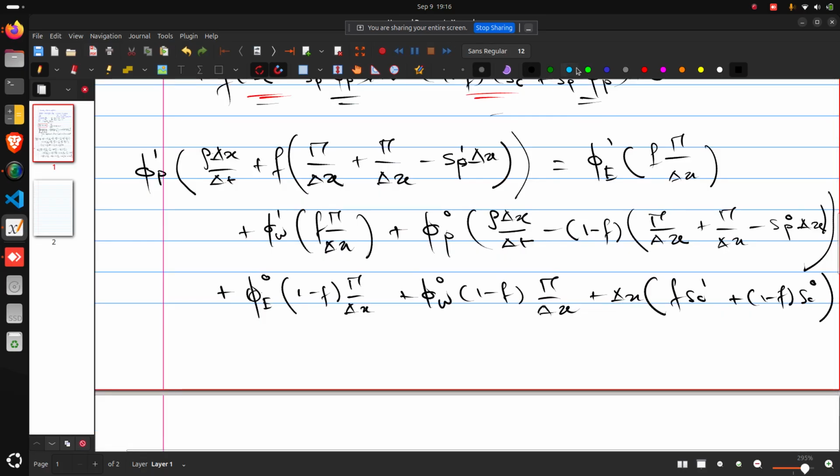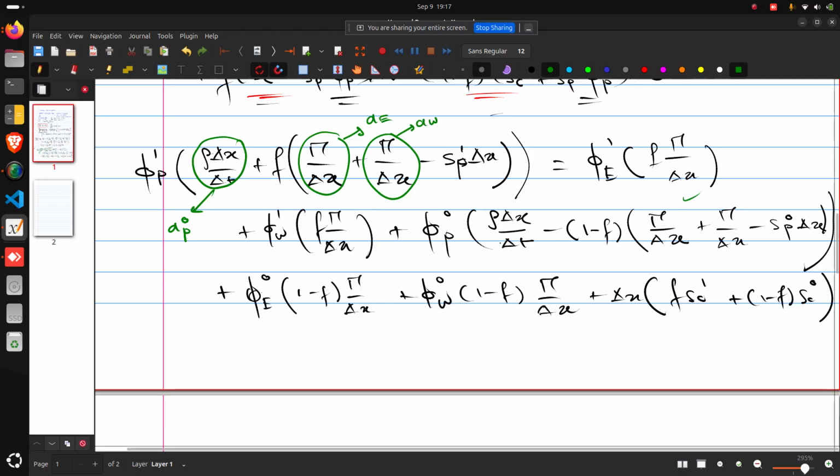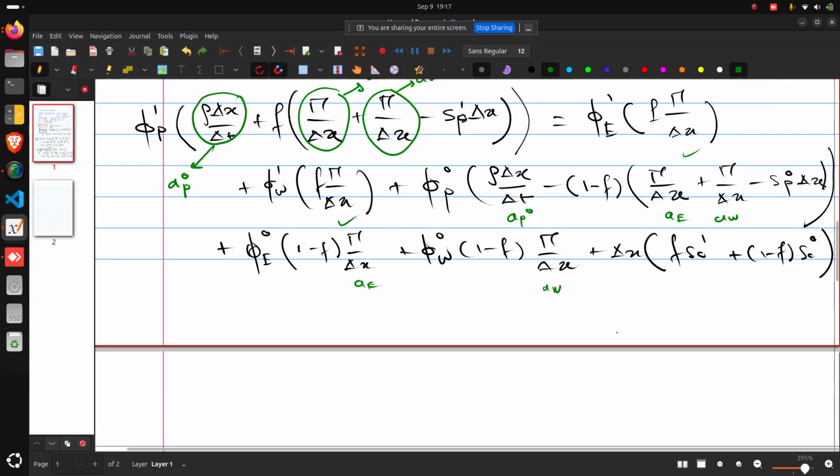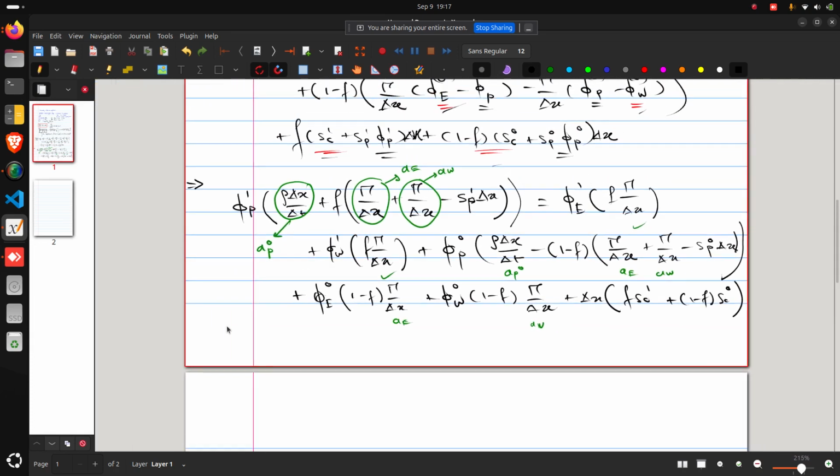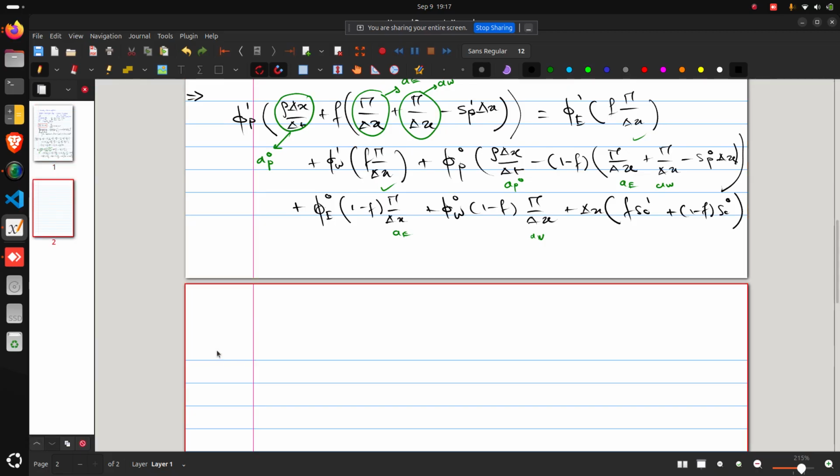Let's name them so that it's easy for us to handle. This will be aP, a east, a west, similarly this is also a east and a west, and this is aP naught, a east naught and a west naught, and so on. So let's write down the equation. Finally we are left with something like this.